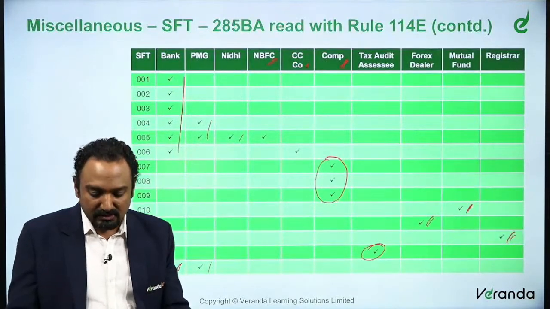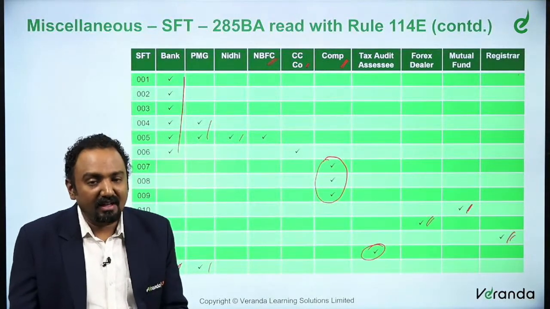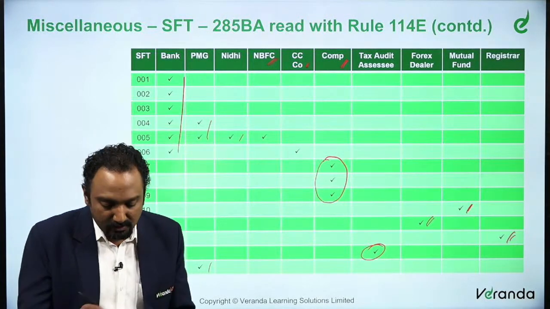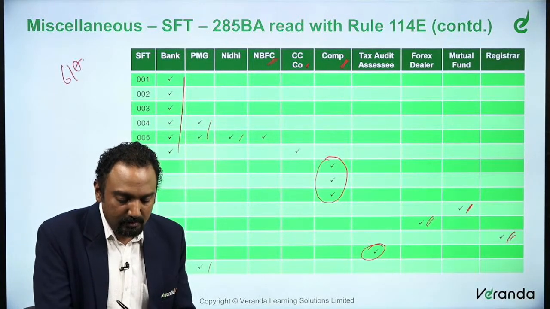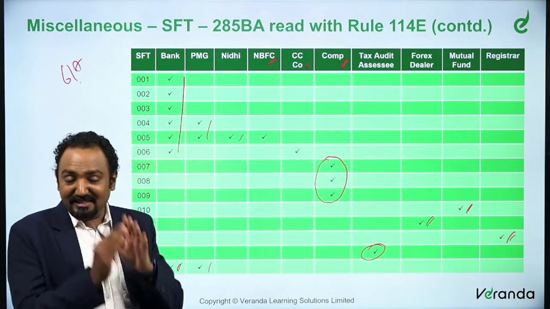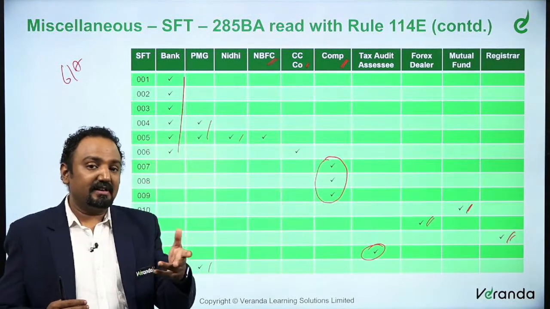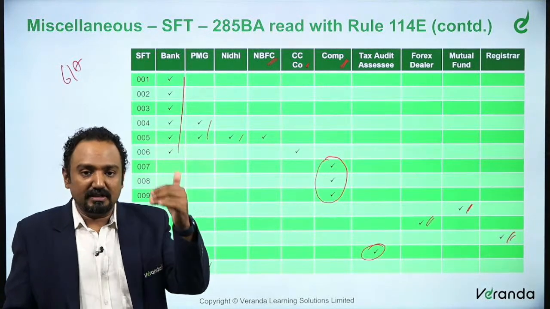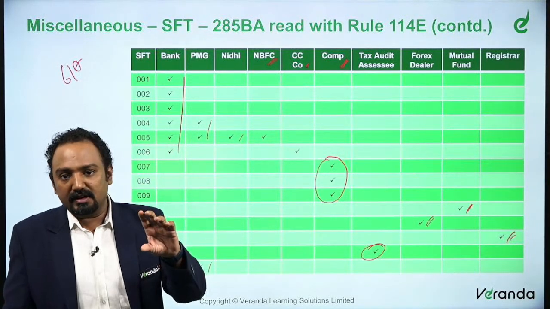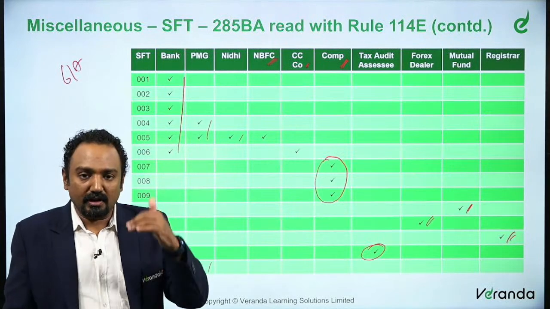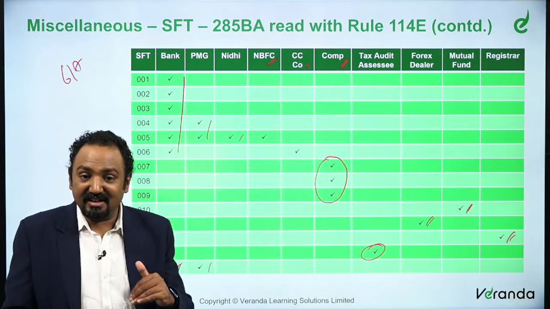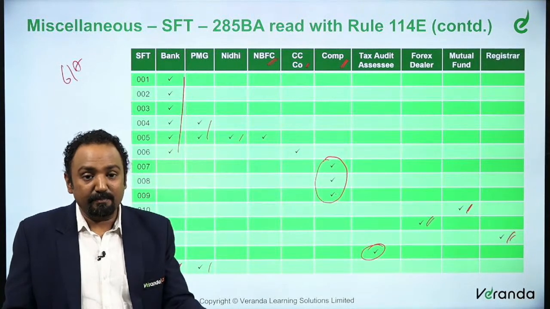These persons, from the bank to the registrar, will file a statement in form 61A. In form 61A, these people will file the relevant transactions. What is covered under SFT1, the bank will report. What is covered under SFT2, the bank will report. What is covered under SFT 7, 8, 9, a domestic company will report.